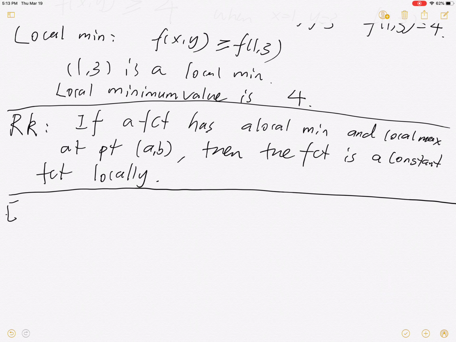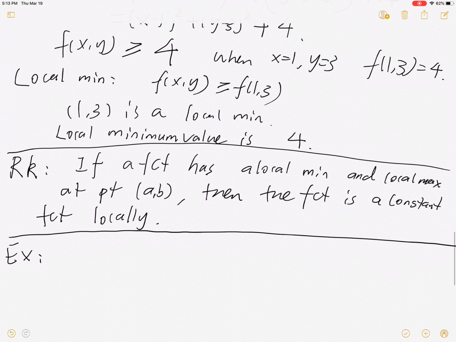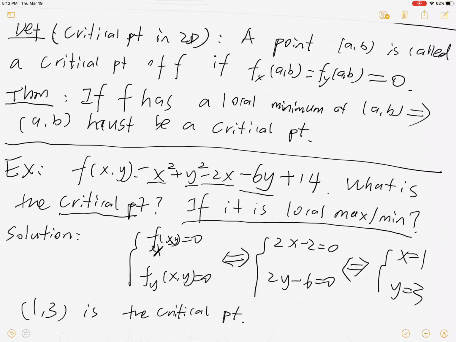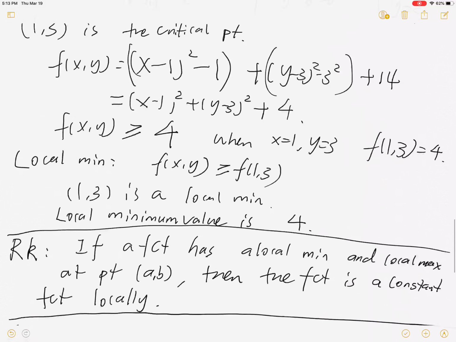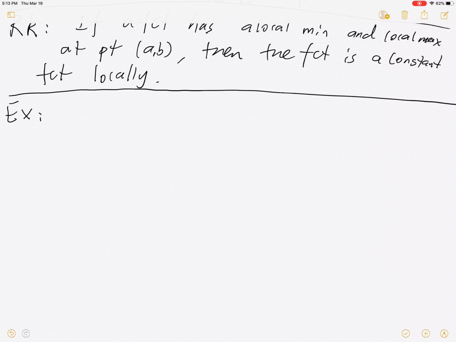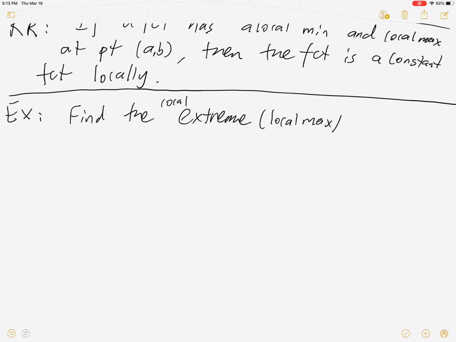Okay, next we look at another example which tells you the category of critical points is strictly larger than the category of local extremal points. So find the extremal, that means local extremal, local maximum, local minimum of f equals y squared minus x squared.